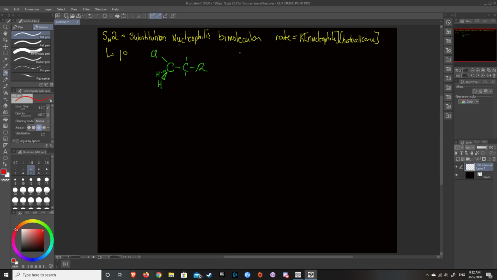So basically, we had an inversion during this reaction, and the type of inversion is called a Walden inversion, which means an inversion at the stereo center. And the stereo center is this main carbon here.